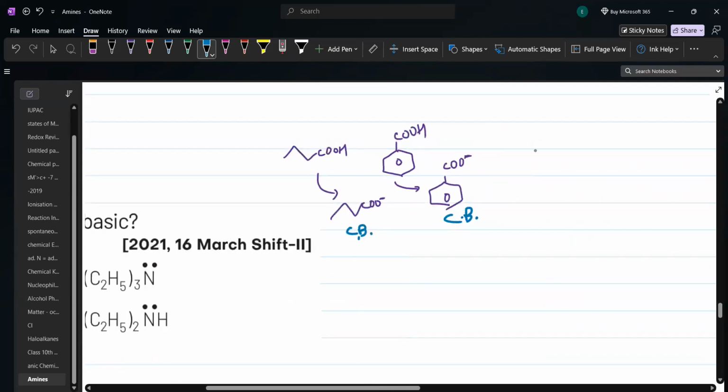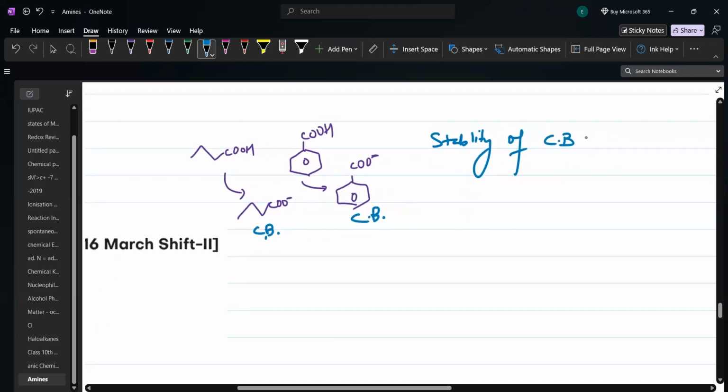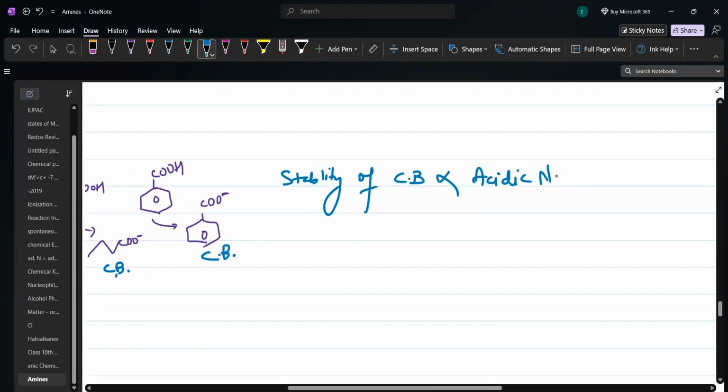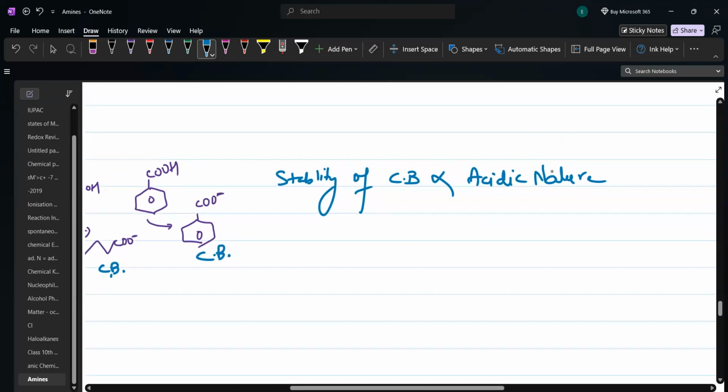Let me write it for you. Stability of conjugate base is proportional to the acidic nature of its parent acid.